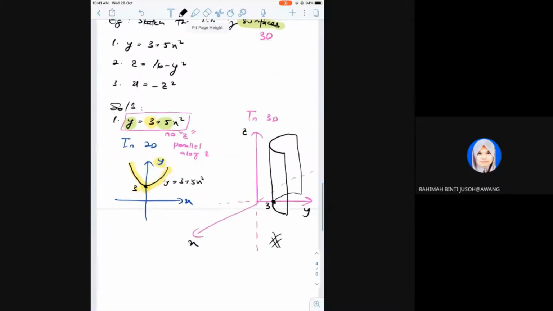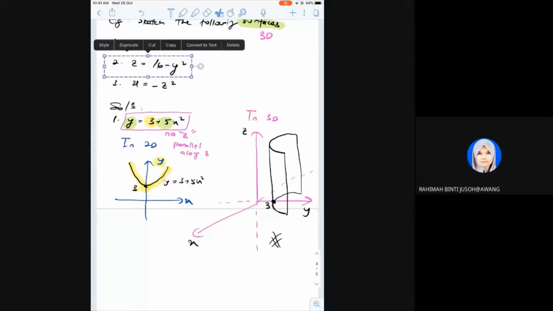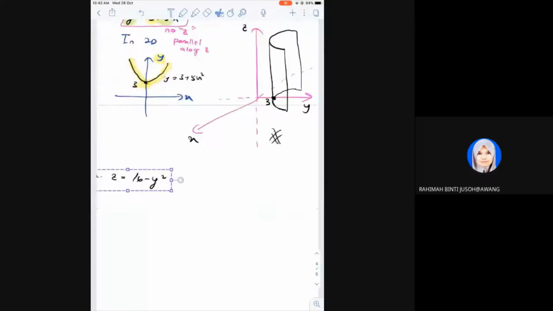So question number 2, this question. Z equals to 16 minus y squared.